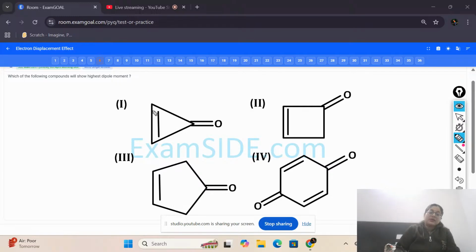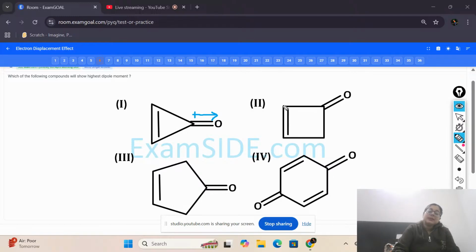What happened over here is this carbon is sp2 hybridized, this is again sp2, this is again sp2. So all three carbons are sp2 hybridized. So electron density, since oxygen is present here, is moving towards this side. So the net dipole moment will be on the oxygen side.